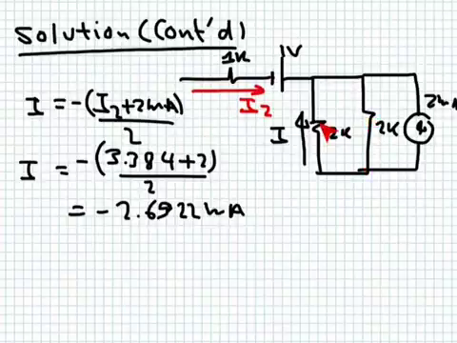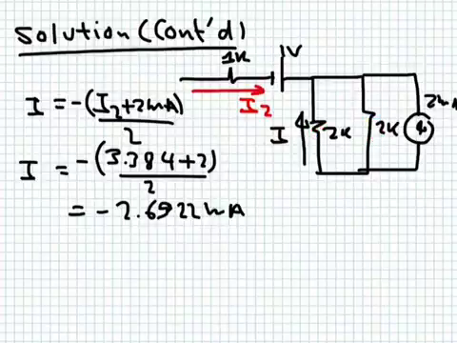So what is the current flowing in these two resistances? It's 2 milliampere plus this current. From KCL, these two currents, this one here and this one here, are flowing into this node. This is one node here, and this current will split equally between the 2 kilo ohm here and the 2 kilo ohm here.